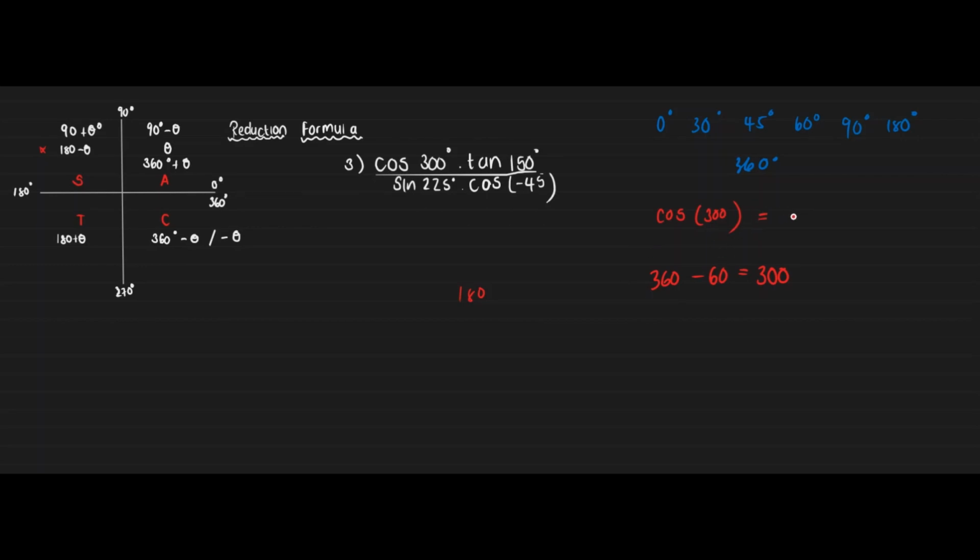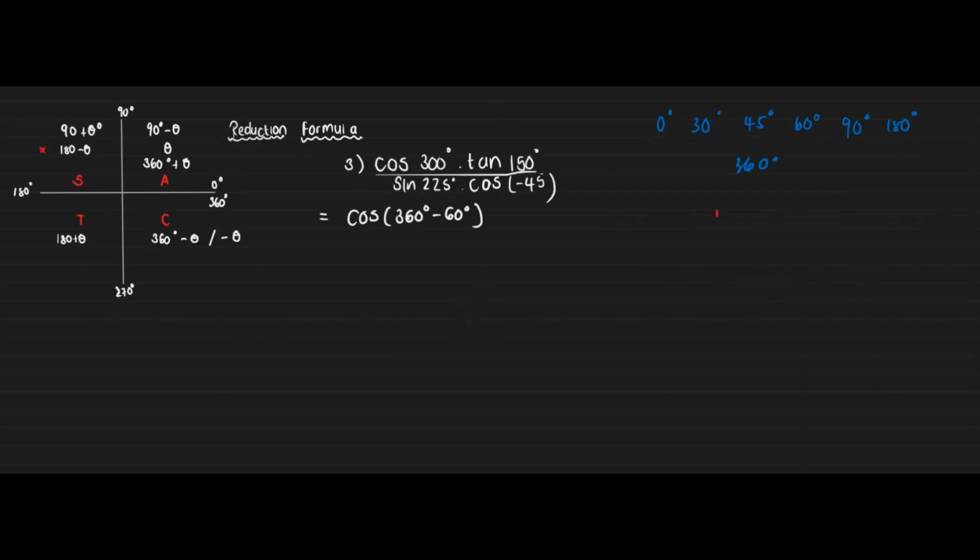So this can be the same as cos(360 degrees minus 60 degrees). And look, 60 is a special angle. So let's replace this by this. So you're going to say cos(360 degrees minus 60 degrees), right?